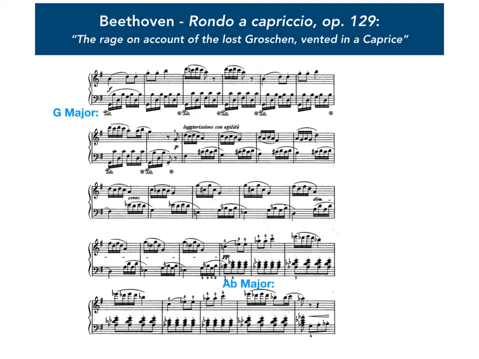So it's pretty remarkable if you just sit back and listen to it. He modulates up a half step, and it's quite a smooth modulation. You don't really realize it's happening.